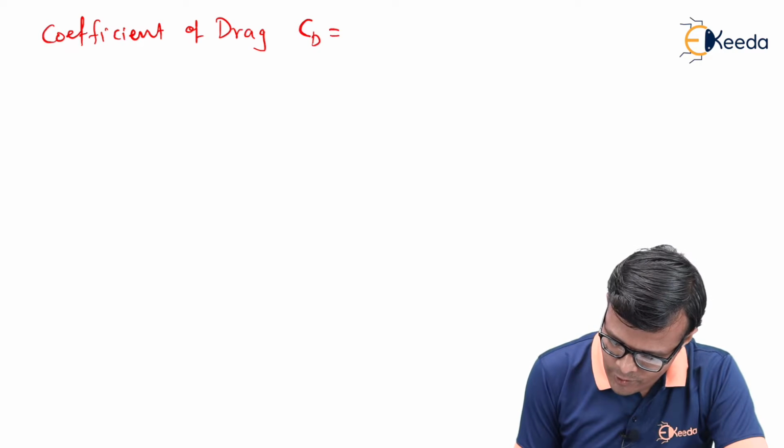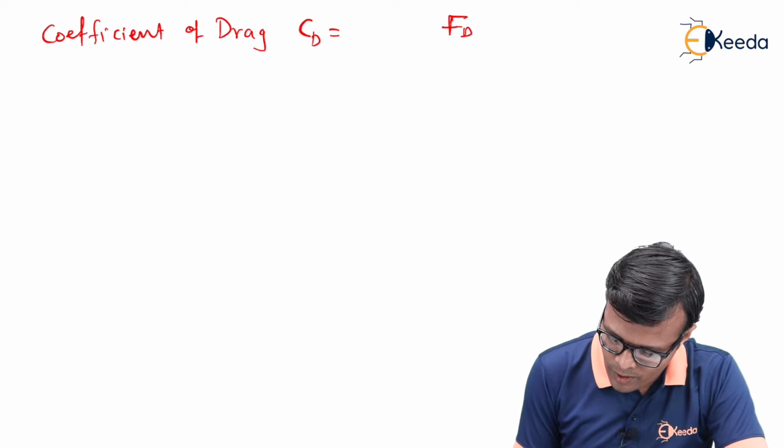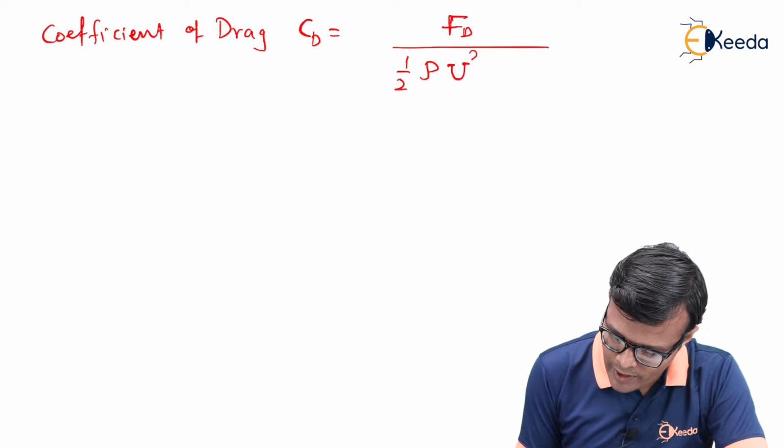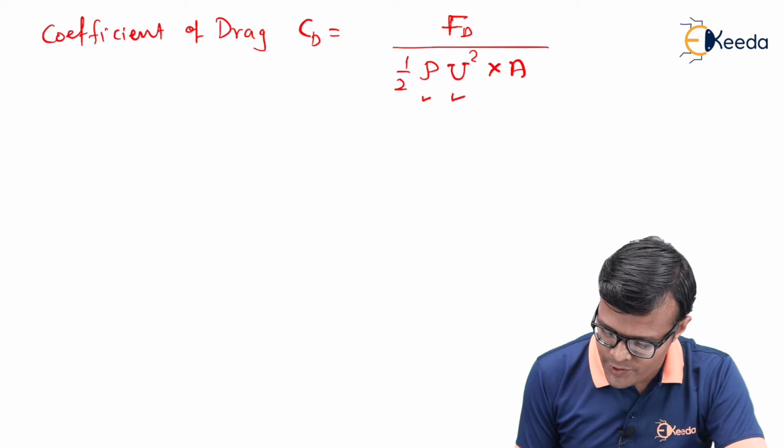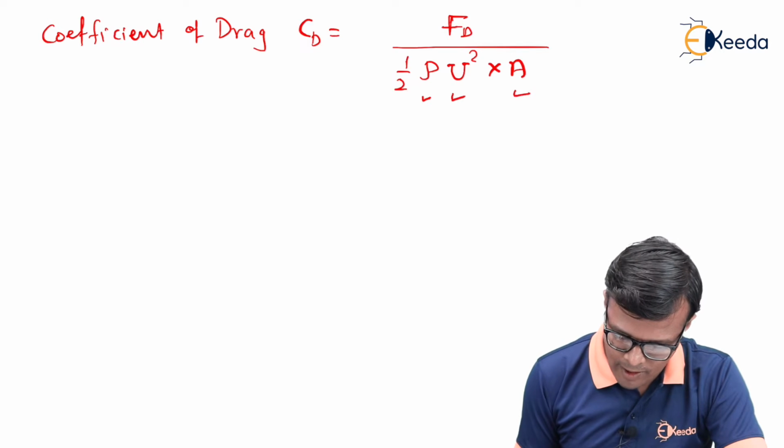We all know that coefficient of drag CD is equal to drag force upon 1/2 rho u square into A, out of which we know this density, we don't know this velocity, we know this area.